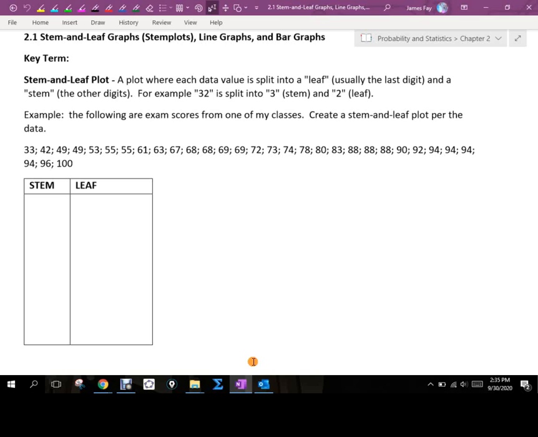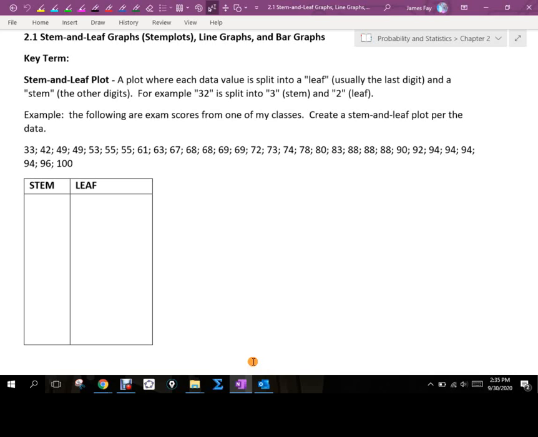I would have all my stems be 1s, and then a bunch of 3s, 4s, 5s, 6s, 7s, 8s, and 9s. So my stem and leaf plot would be just one row, not very informative. Does that make sense? If your data doesn't vary very much, stem and leaf can be an issue. But then we have other tools that we can use to display our information.